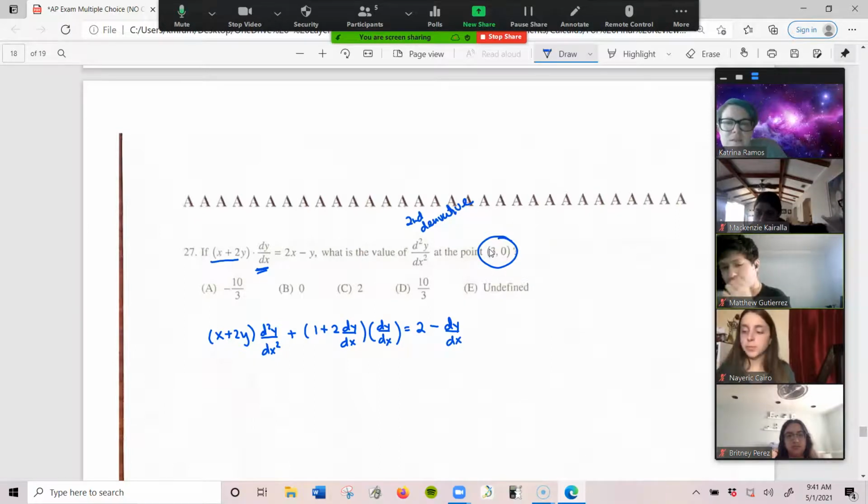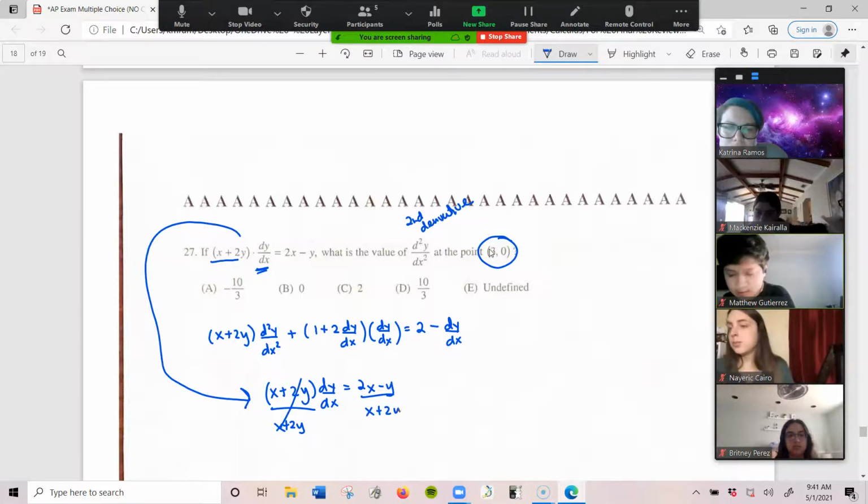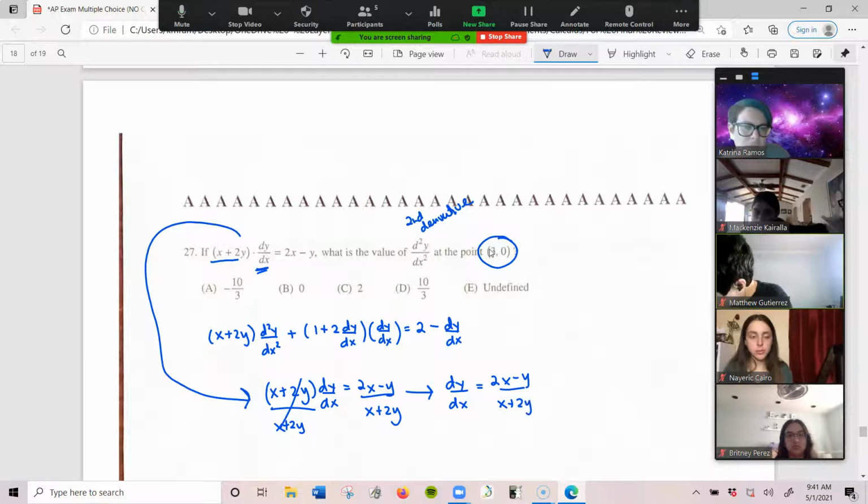So I took x plus 2y times dy dx is equal to 2x minus y, and I divided by x plus 2y. So I get dy dx is equal to 2x minus y over x plus 2y. Is this okay so far?